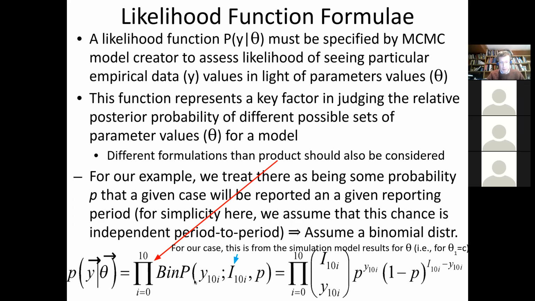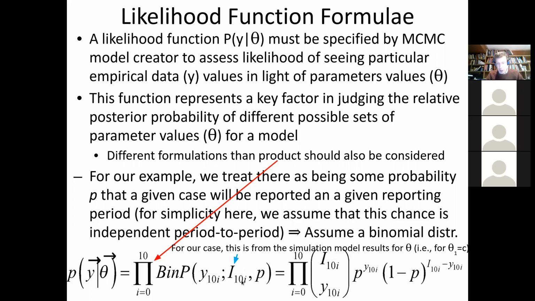And by doing this for each of the observations, day 0, day 10, day 20, day 30, I can get a probability for day 0 of observing the data given the parameter, multiplied by the probability at day 10 given the parameter, and the probability at day 20 given the parameter value.